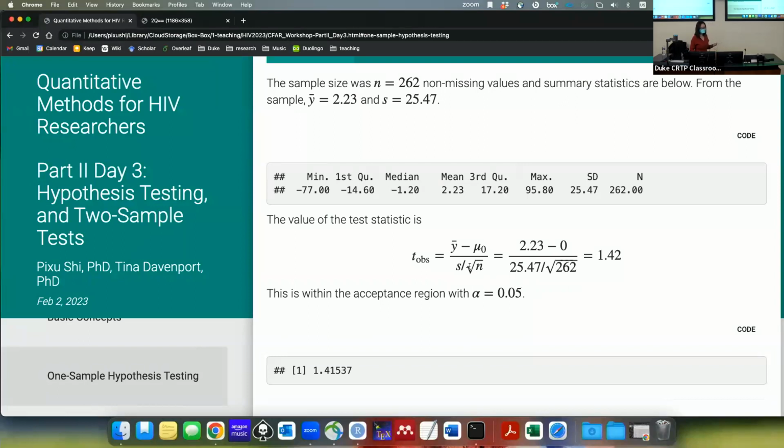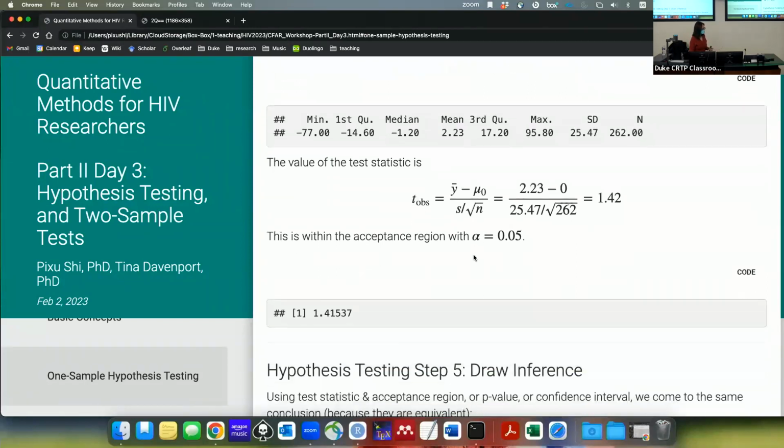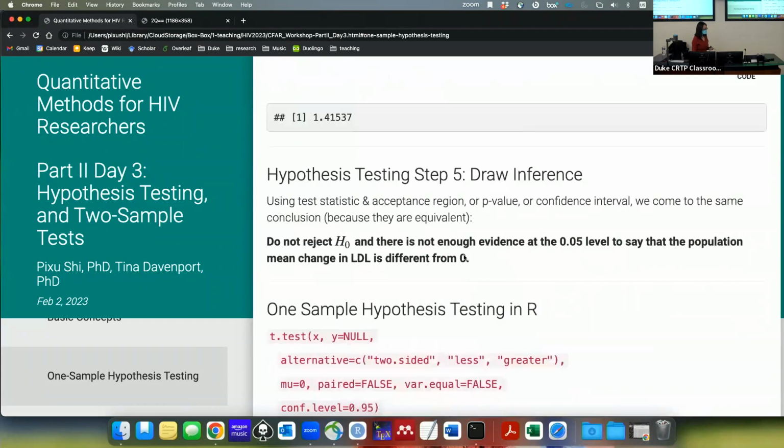The rigorous way is still to say that even with such a large sample size, even with all these good features of the data, you still do not have evidence to reject the null hypothesis. That gives you confidence in the null, but it doesn't tell you the null is true. So when you make the conclusion, you say there's not enough evidence to reject the null.